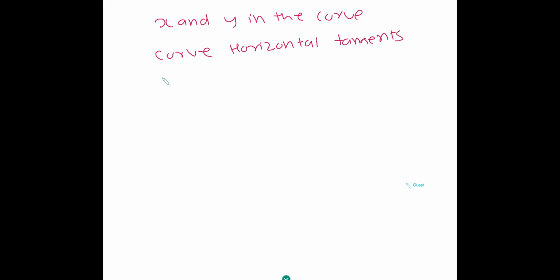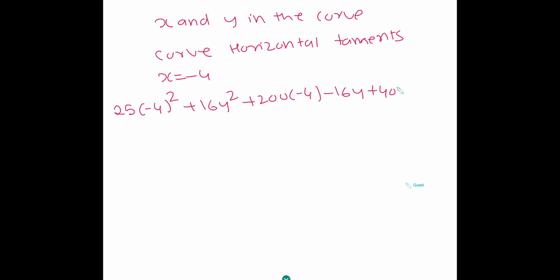So we put x equals negative 4 in the curve equation. So 25 times 16 plus 16y squared plus 200 times negative 4 minus 160y plus 400 equals 0.